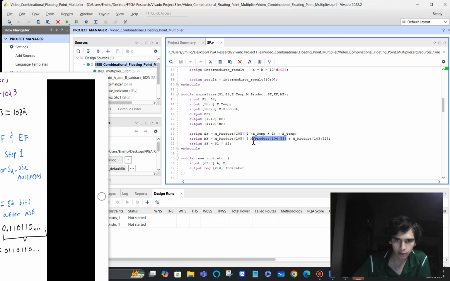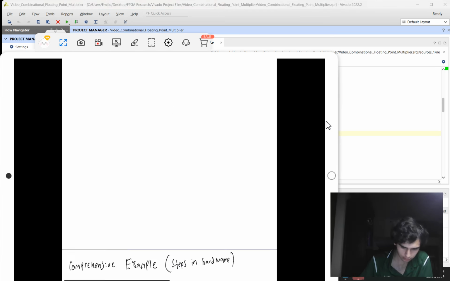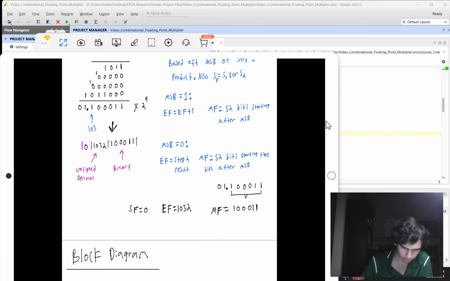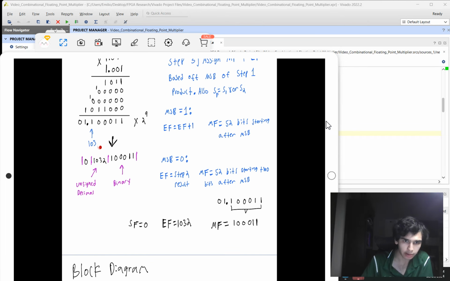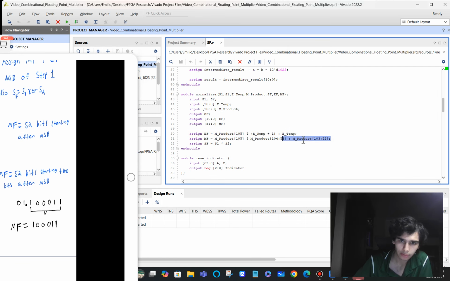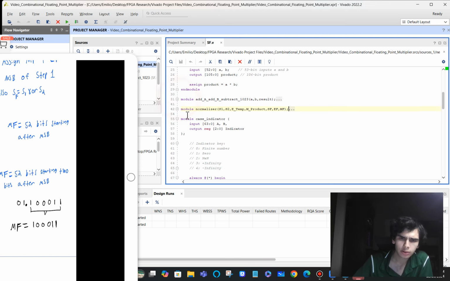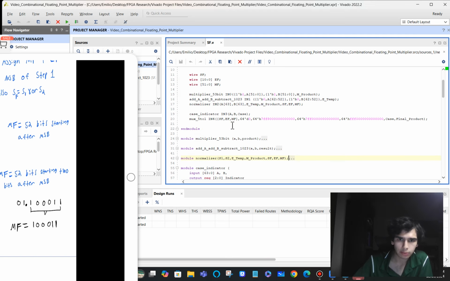You do that if it's a 1. If it's a 0, you do the other case. Like right here, you grab bits 103 to 52. So that's the normalizer. Those are the 3 inputs that handle the actual calculation.